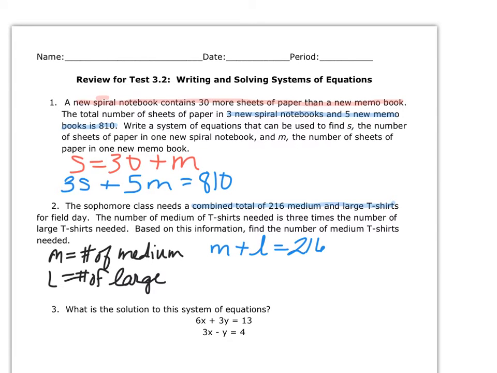Then I've got the second sentence here says the number of medium shirts needed is 3 times the number of large shirts needed. So M equals 3 times L.